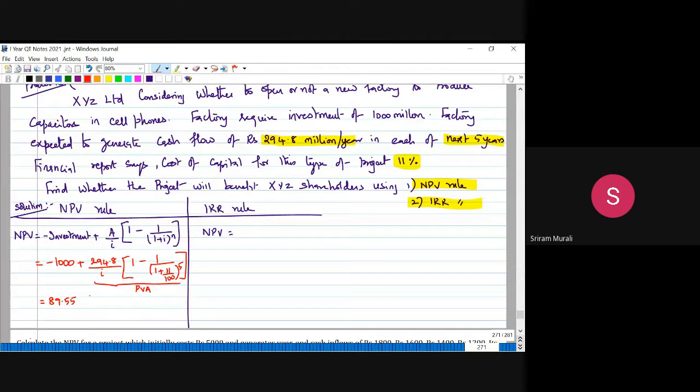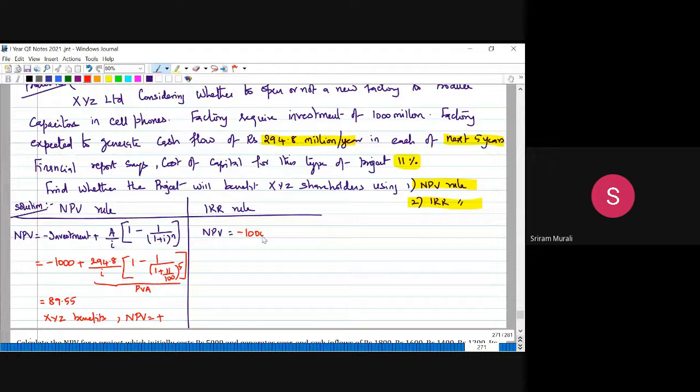This kind of problem will be expected in CA Final or CA Inter. So it is beneficial. Why? Because NPV is positive. Now using the IRR method.